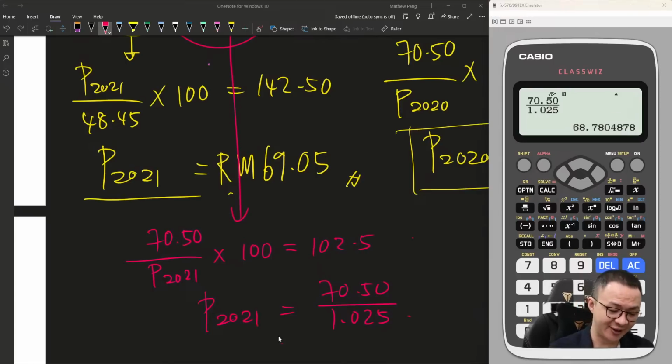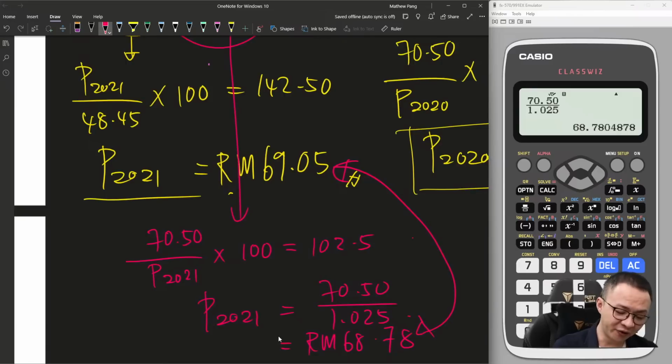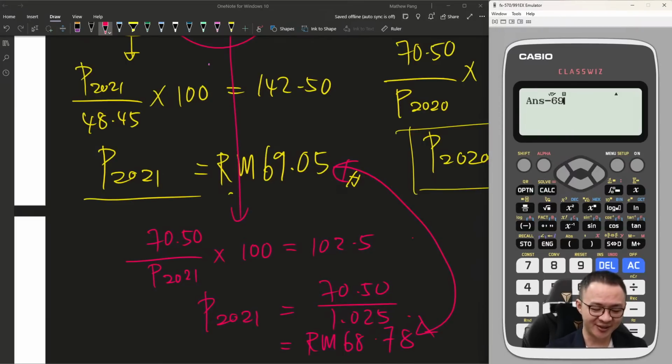So you can see I actually get 68 ringgit 78 cents. This is not good because both must always get the same answer, because this is how we can use the index number. So therefore, if I minus 69.005, you can see I literally miss about 27 cents. I don't know where the 27 cents go.